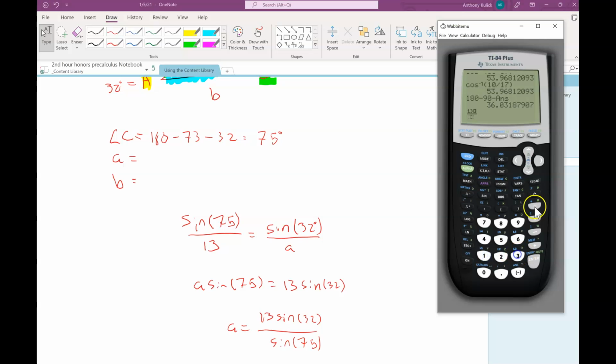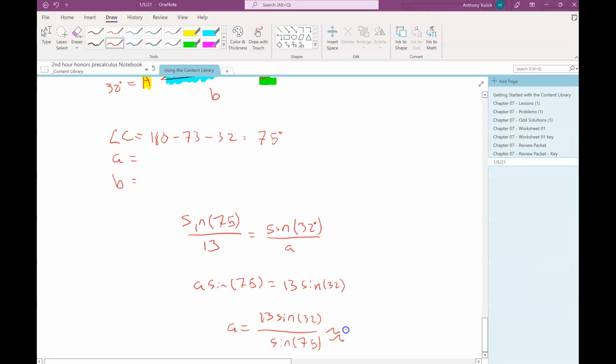I'm going to use the fraction function on my calculator, so I don't have to worry too much about the parentheses, and I can just type it in exactly like it looks on my sheet of paper. So I get 7.13.